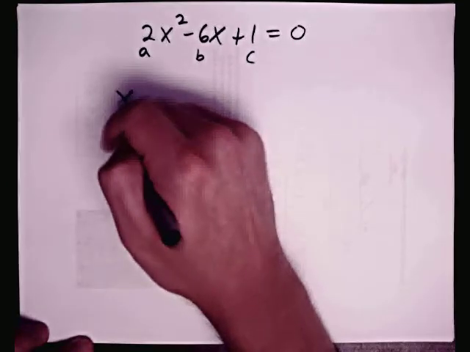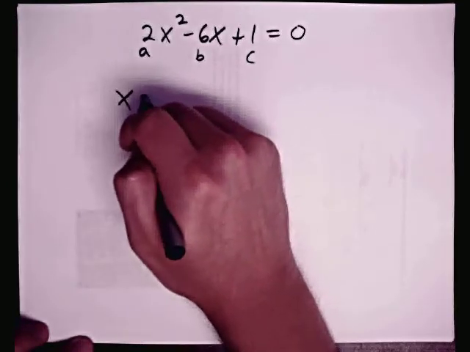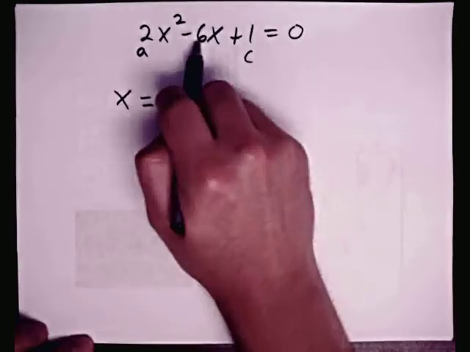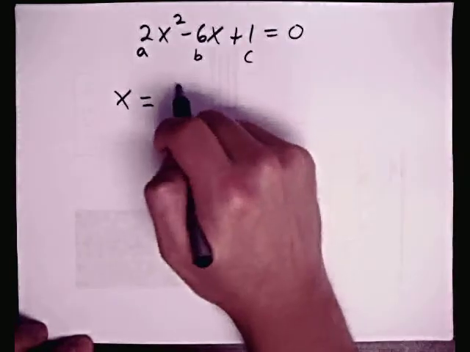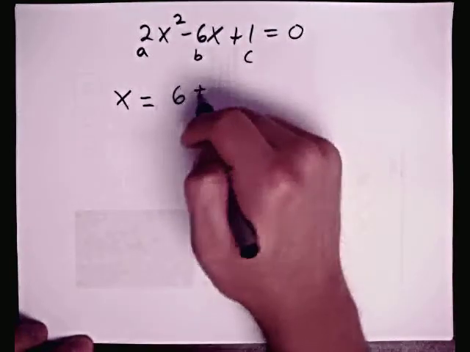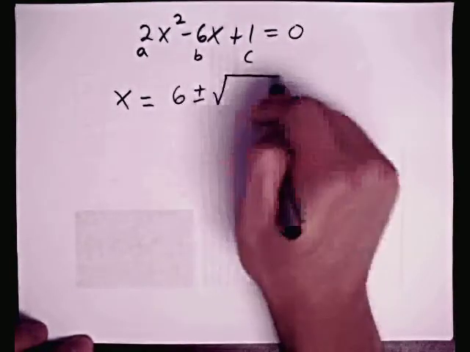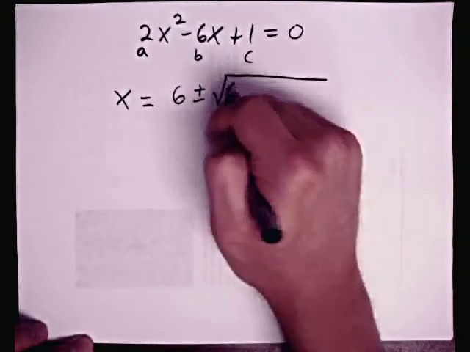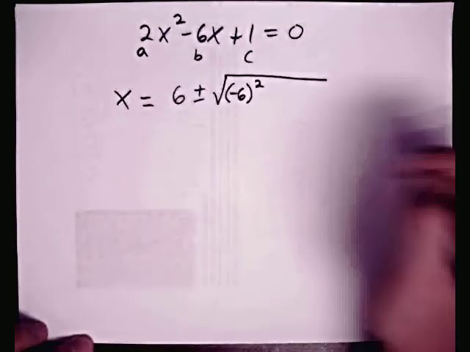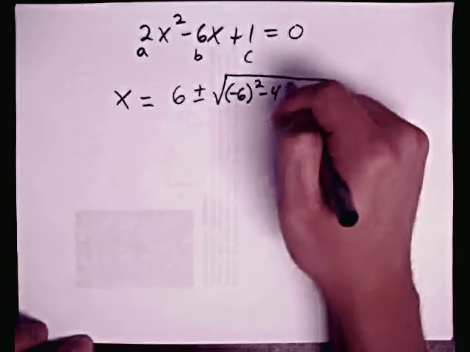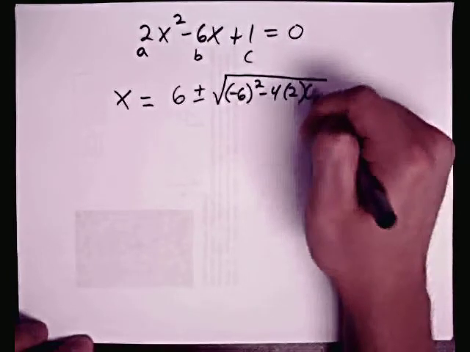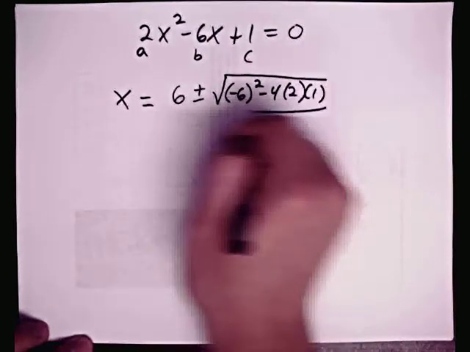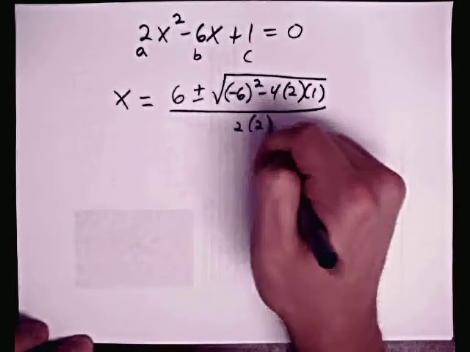The quadratic formula says your solutions for x will equal the opposite of b. b is negative 6, so the opposite of that would be positive 6, plus and minus the square root of b squared, negative 6 squared, minus 4 times a times c, all over 2 times a.